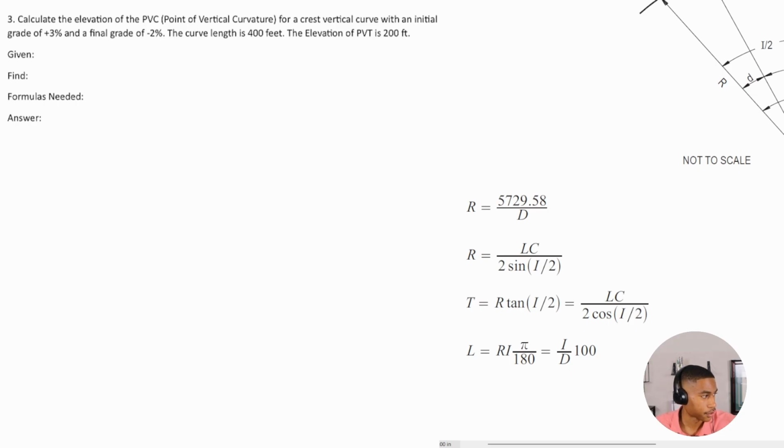All right, so we're going to start this one how we always start. So what are we given? We are given the grades. So grade 1 is equal to plus 3%. And grade 2 is equal to negative 2%.